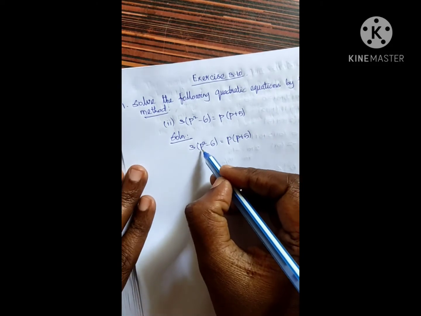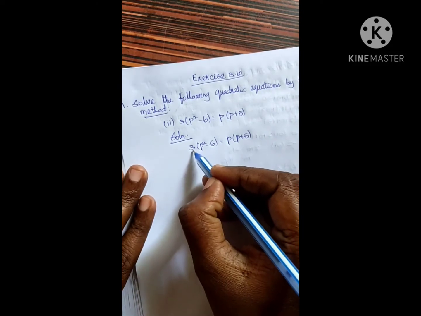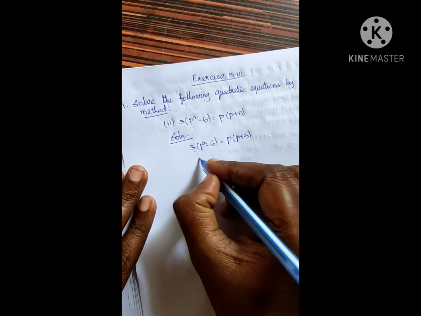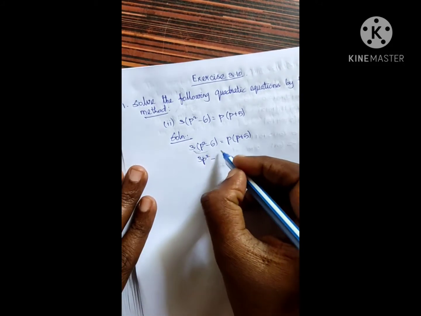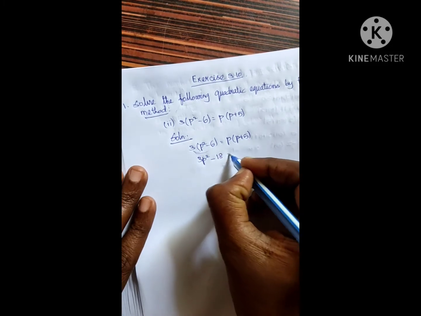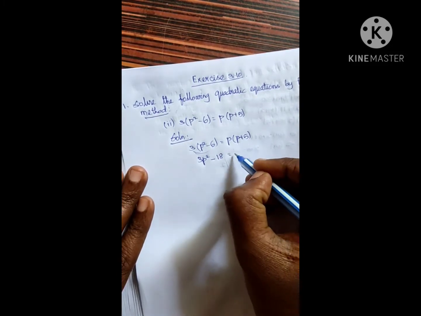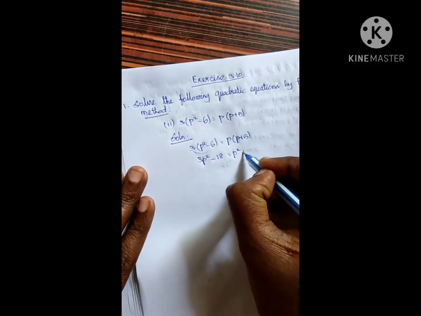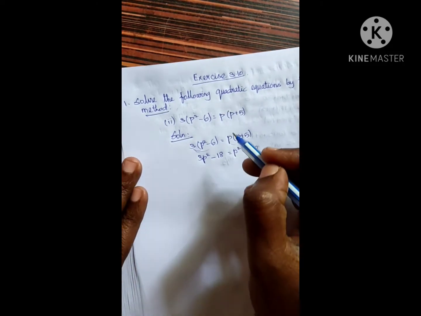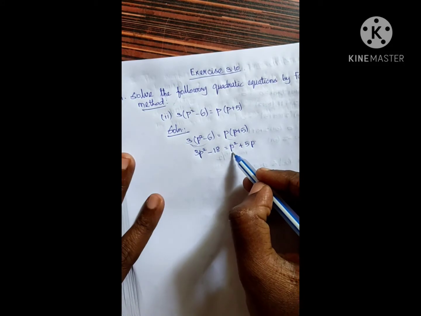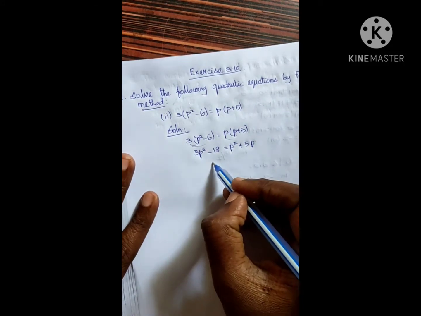Now we multiply p square minus 6 by 3. So 3 into p square, 3p square, minus 3 into 6, 18, equal to p into p square plus p into 5, 5p. Now bring this p square and 5p to the left hand side.